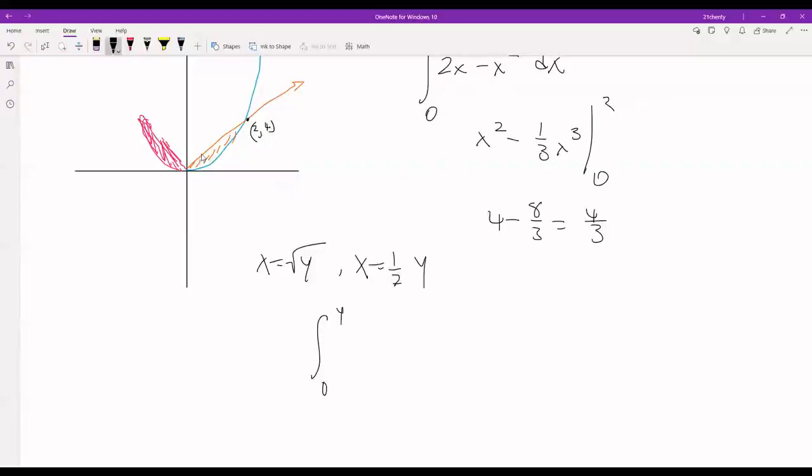of big R squared minus small r squared. So big R in this case is the farther out one. It's right minus left if you're dealing with horizontal distances.